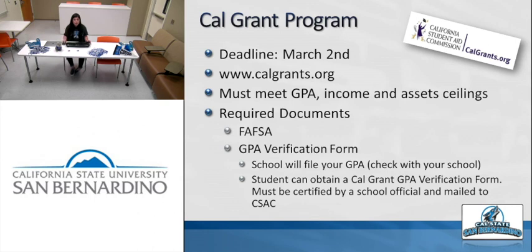And the required documents are the FAFSA, the GPA verification form, which your school should send to the California Commissioner's Office. The student can obtain a Cal Grant GPA verification form through the California Student Aid Commission, which must be sent by a school official and mailed to them.